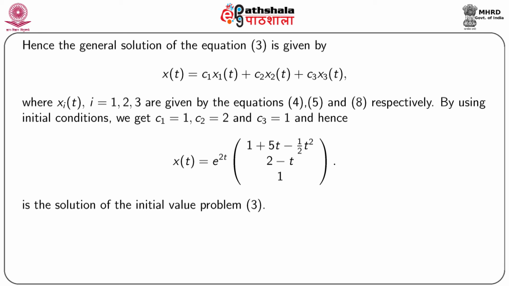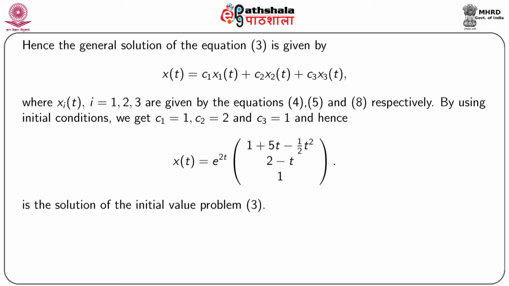Hence, the general solution of equation 3 is given by x(t) equal to c1 x1(t) plus c2 x2(t) plus c3 x3(t), where xi(t), i equal to 1, 2, 3, are given by equations 4, 5 and 6 respectively.